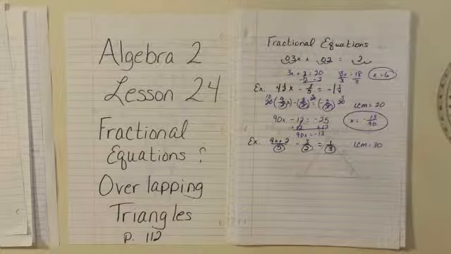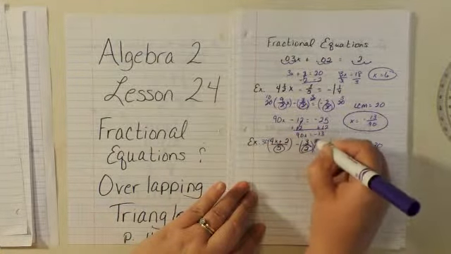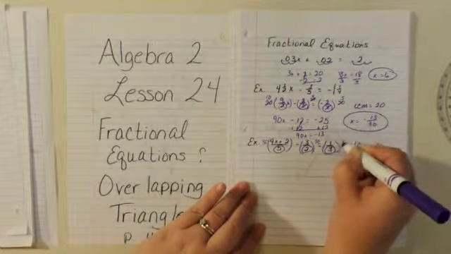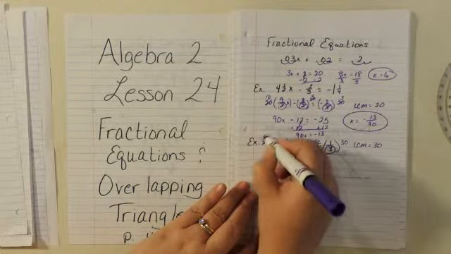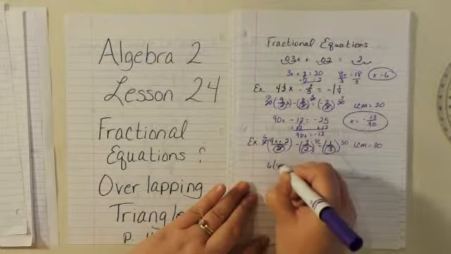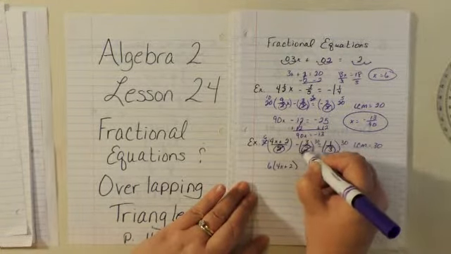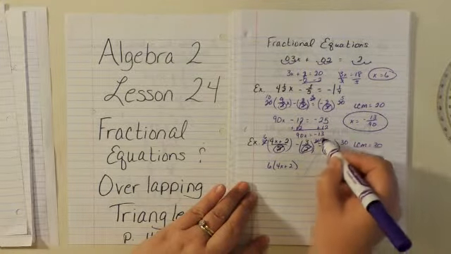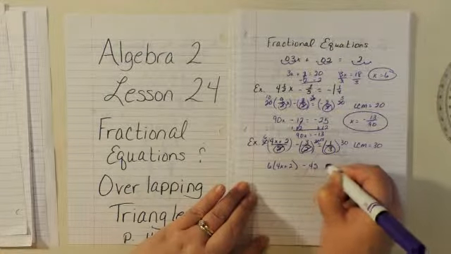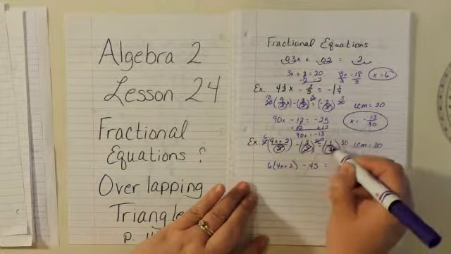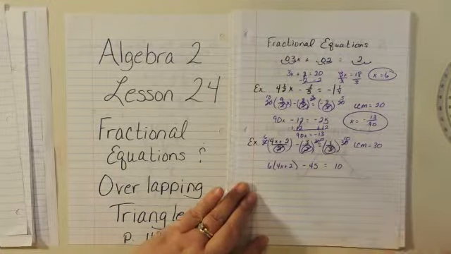Okay, so we're going to multiply each term by 30. 30 divided by 5 is 6, so this 5 cancels out. We're left with a 6 on top, so we have 6 times 4x plus 2. 30 divided by 2 is 15, so the 2 cancels out. We have a 15 on top, and 15 times 3 is 45, so minus 45 equals 30 divided by 3 is 10. So we have 10 times 1. So this will be 10.